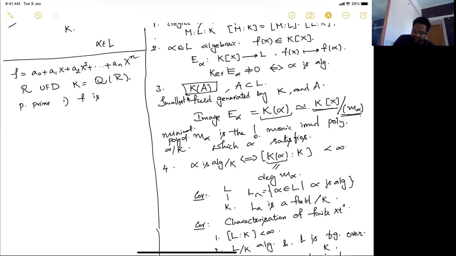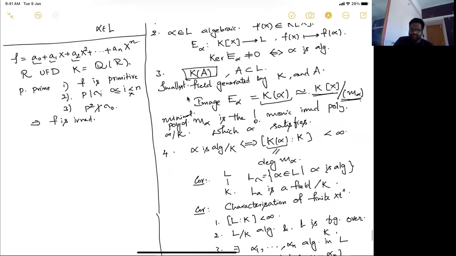One, f is primitive, that means the GCD of the coefficients a0 up to an is equal to 1. Two, p divides each ai, where i varies from 0 to n minus 1, that is, it divides a0, a1, a2, and so on up to a n minus 1, but not an. Three, p squared does not divide the constant term a0. Then f is irreducible.